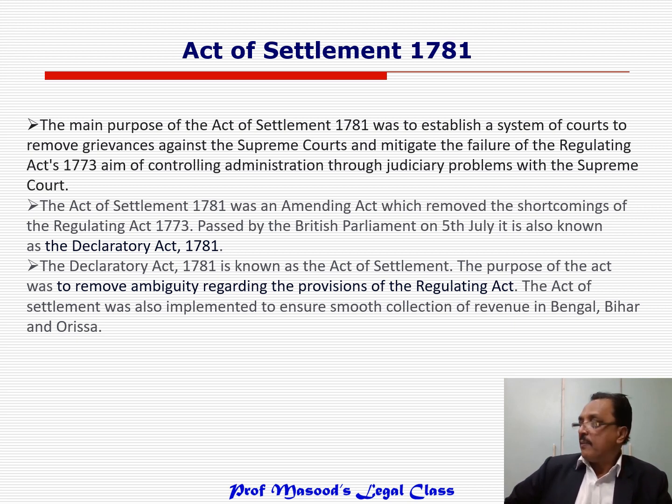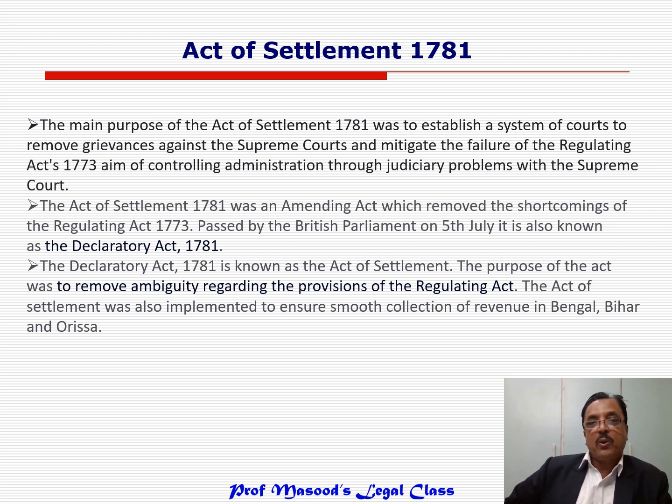If you see the beginning of the British, in the year 1600, they established the East India Company, which was established on 31st December 1600 and operational from 1st January 1601.